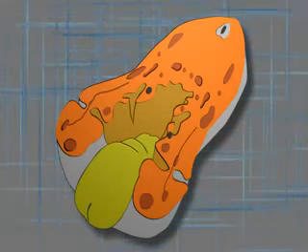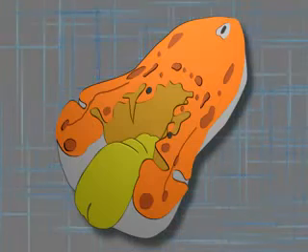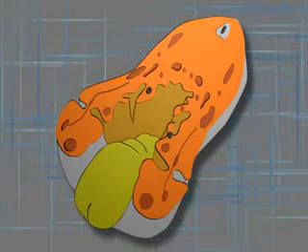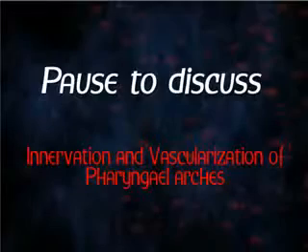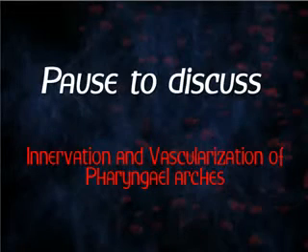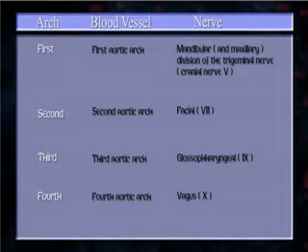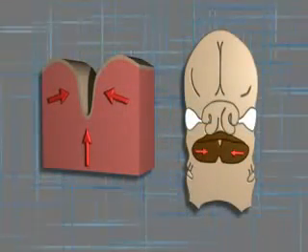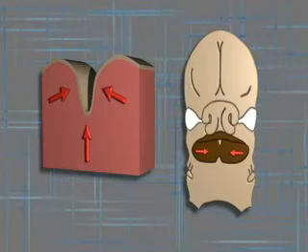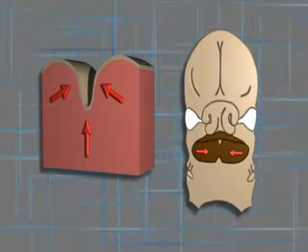The first, second, and third branchial arches play an important role in the development of the face, mouth, and tongue.